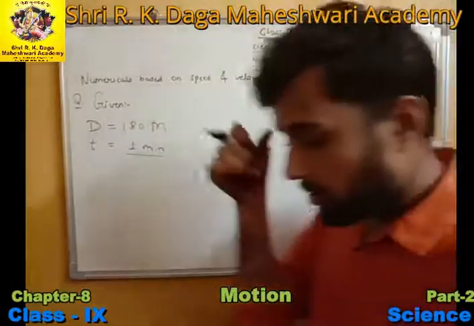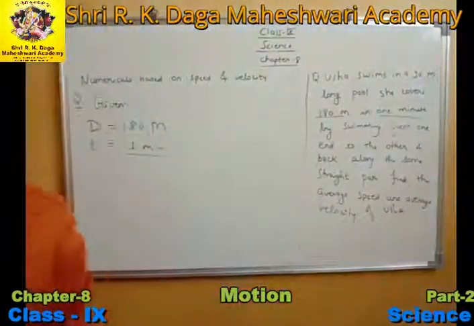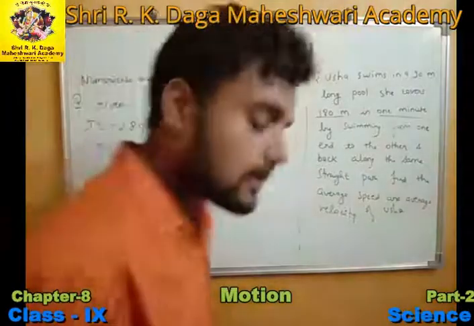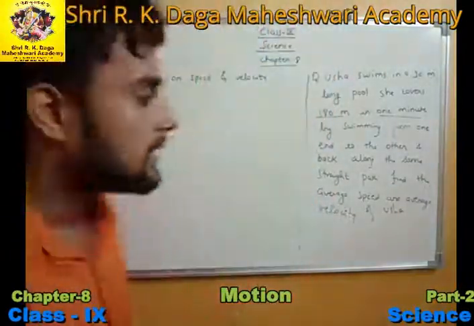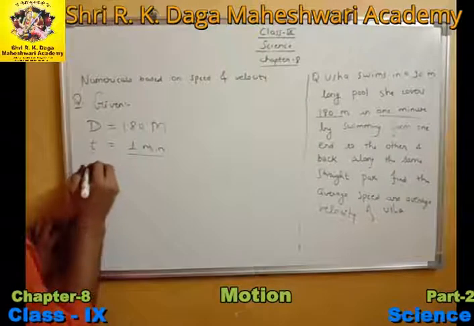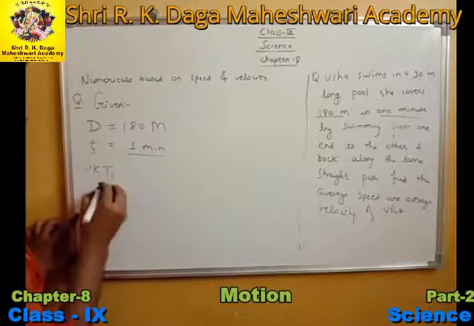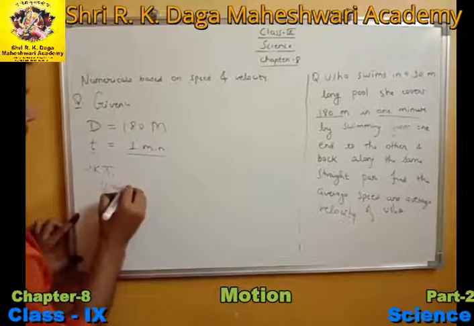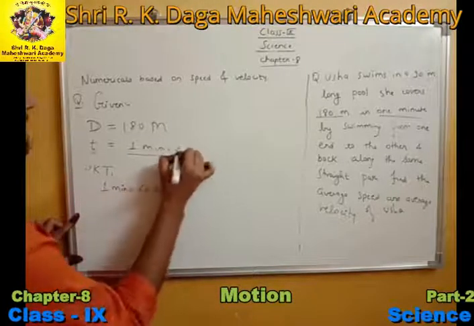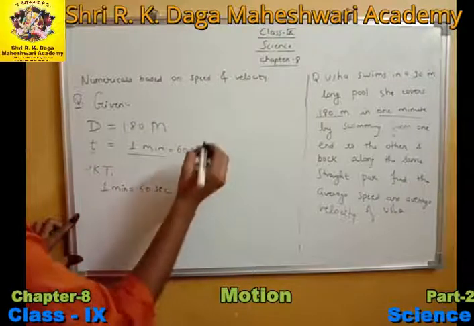We know that the SI unit of time is second, so we have to convert this minute into second. 1 minute is equal to 60 seconds.